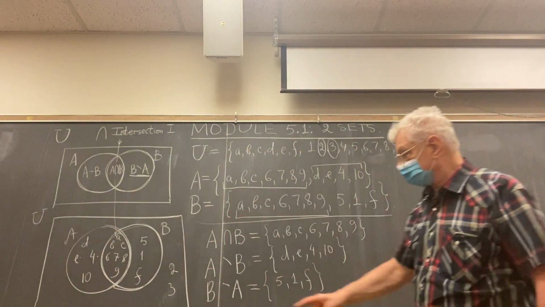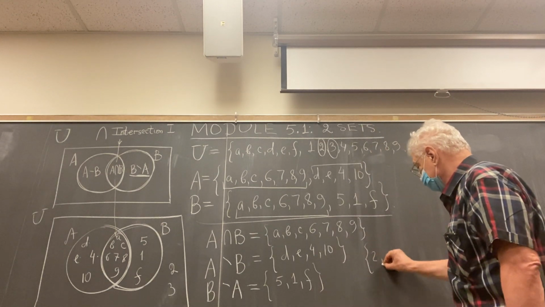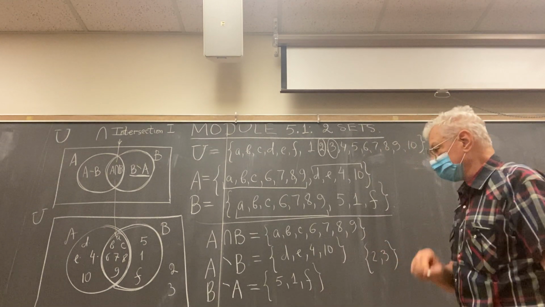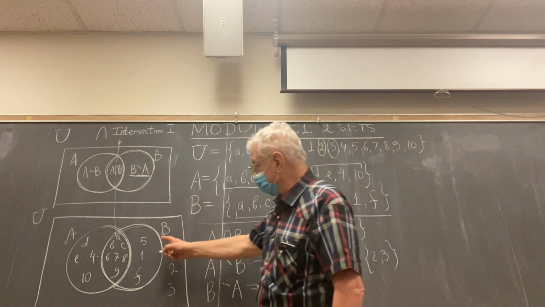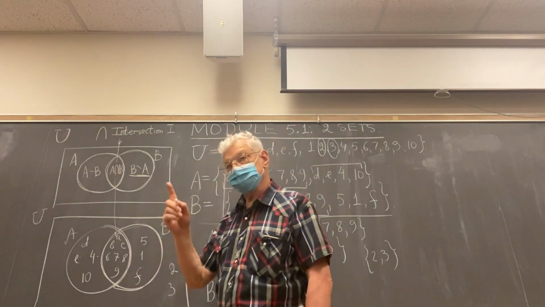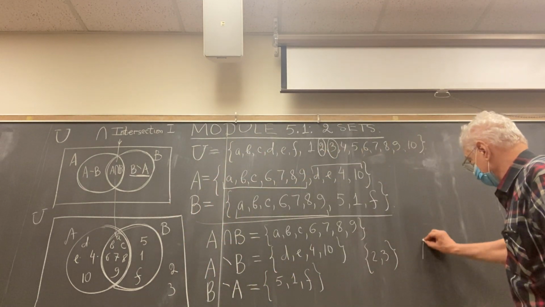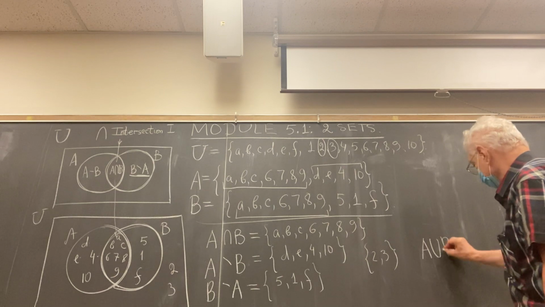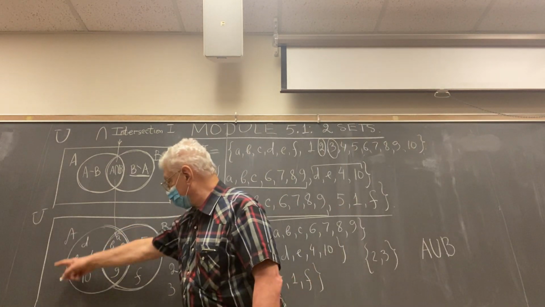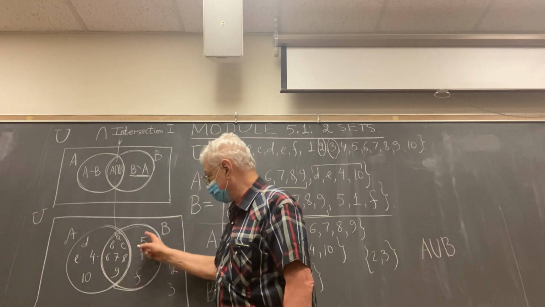And now how to describe 2 and 3? What is 2 and 3? They are outside of what? If we take all elements 5, 1, F, they're outside of A and B together. How to write this down? If you write A union B, it will be all the elements inside these two circles: E, D, 4, A, B, C, 6, 7, 8, 5, 1, F, right?